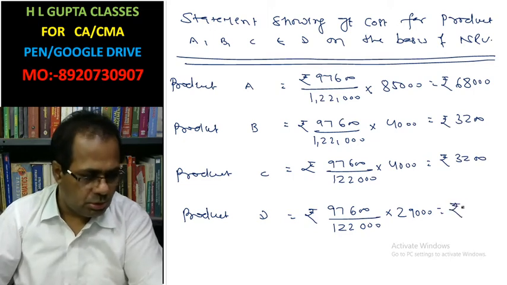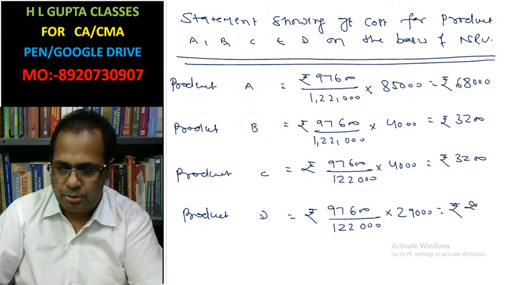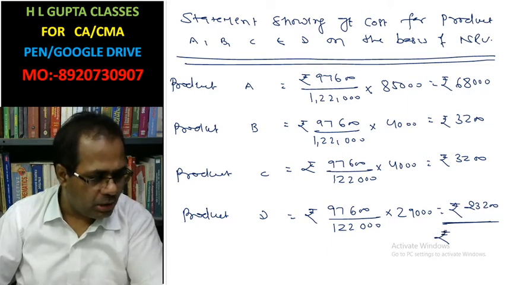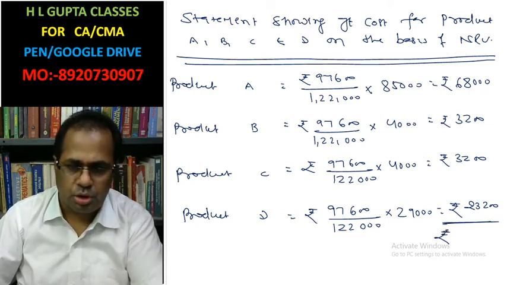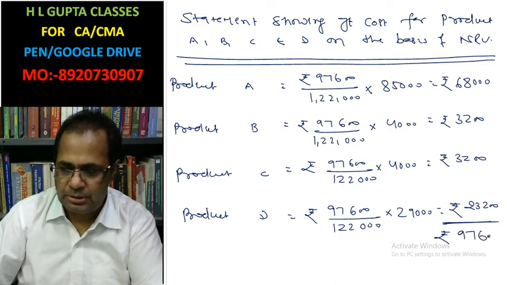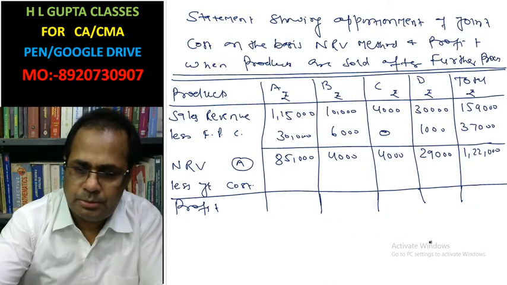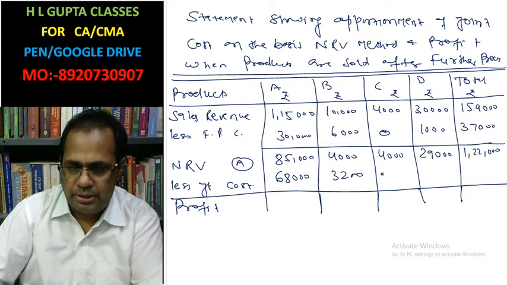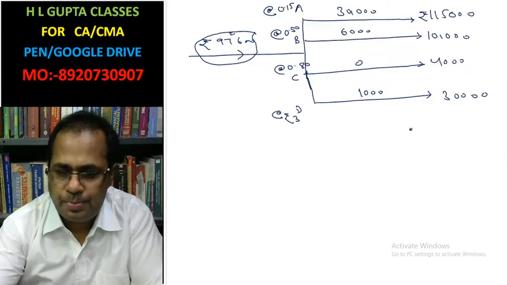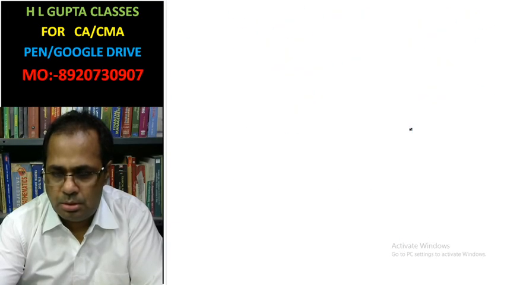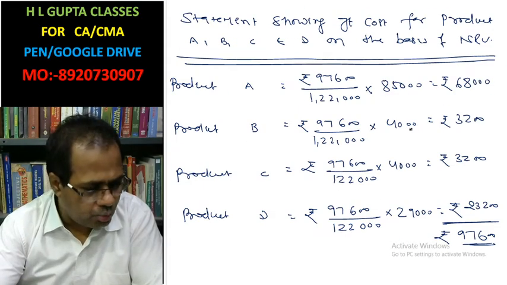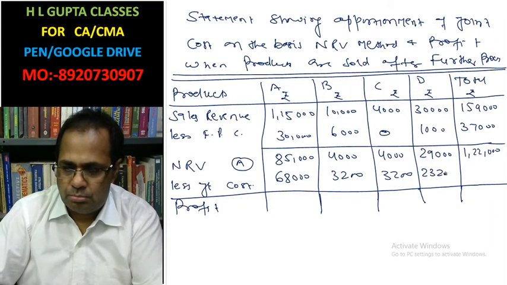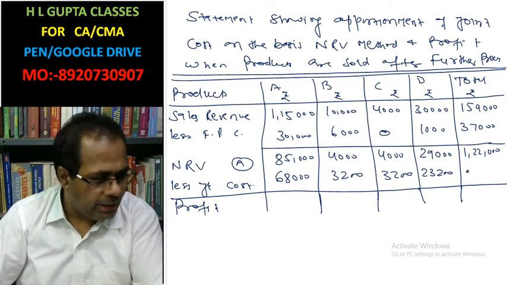This is 23,200. Total rupees 1 lakh, total 97,600. So 68,000, 3,200, 23,200, total 97,600.